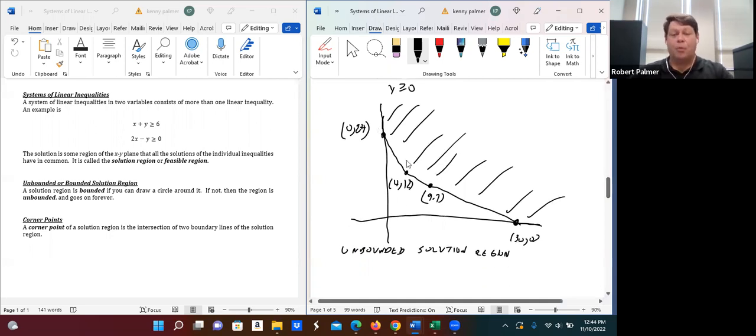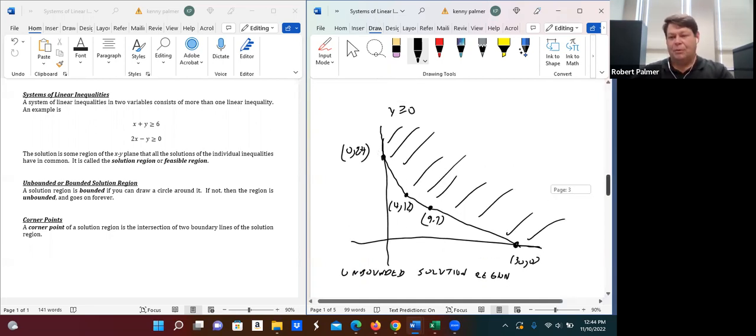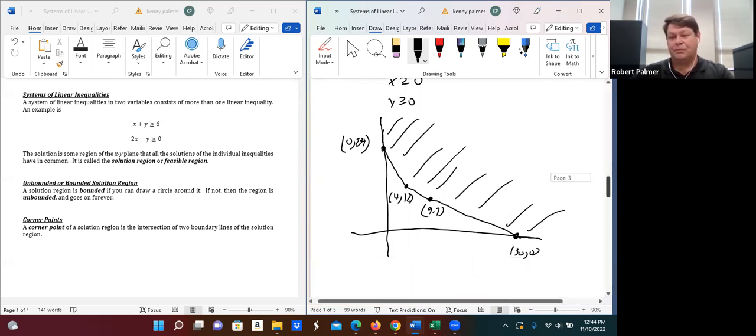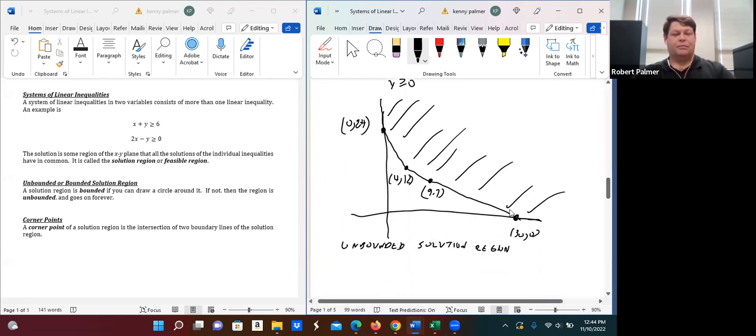And then we have these 4 corner points for this one. And then once again, what that means is you pick a value on any of those lines or on those corner points or inside this, then that will be a solution. Okay. So let's get one more example, then we'll do an application problem.